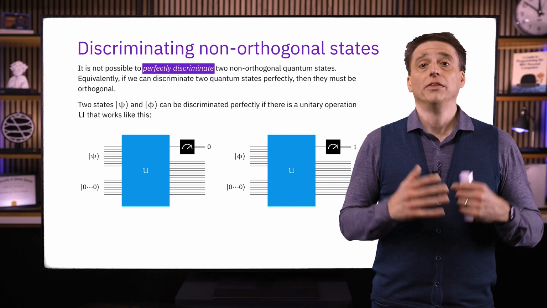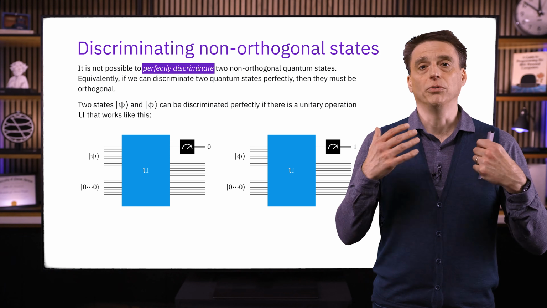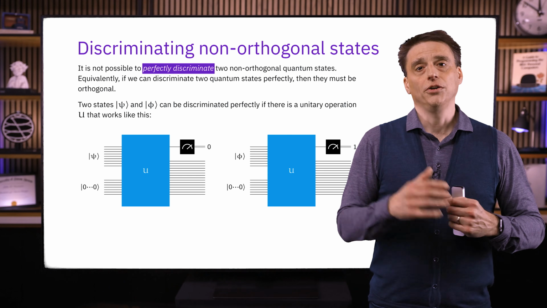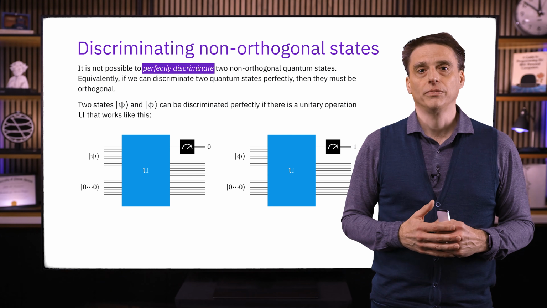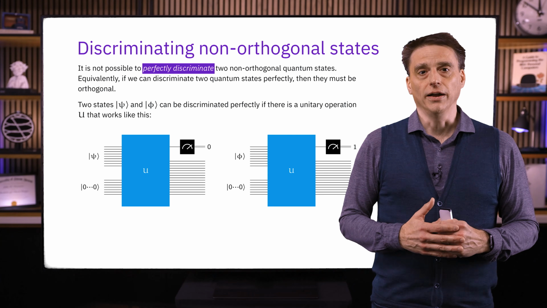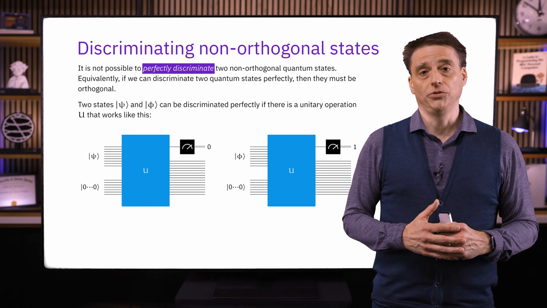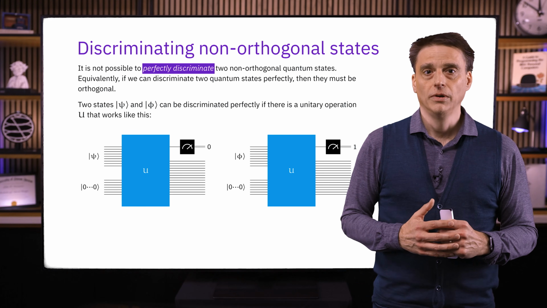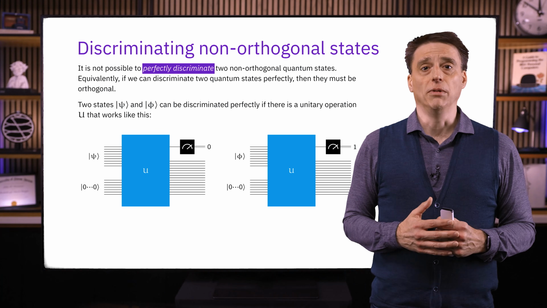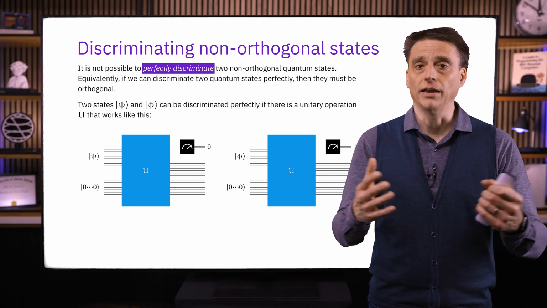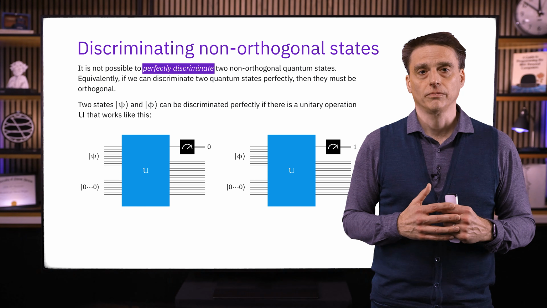After U is applied, the top qubit is measured with respect to a standard basis measurement, and here's the perfect discrimination part. If the input state was psi, then the measurement must give the outcome 0 100% of the time. And if the input state was phi, then the measurement must give the outcome 1, again with 100% chance.